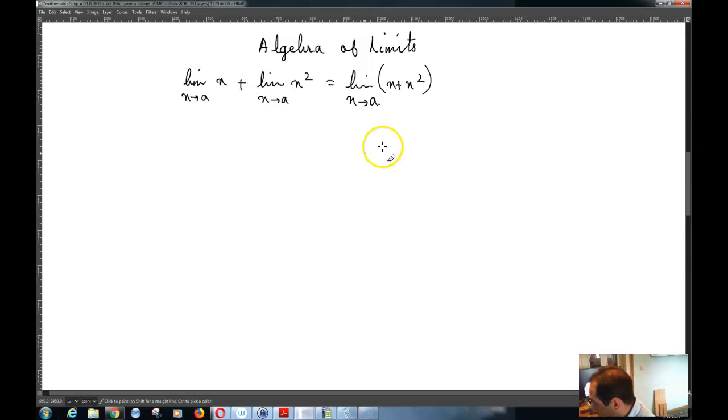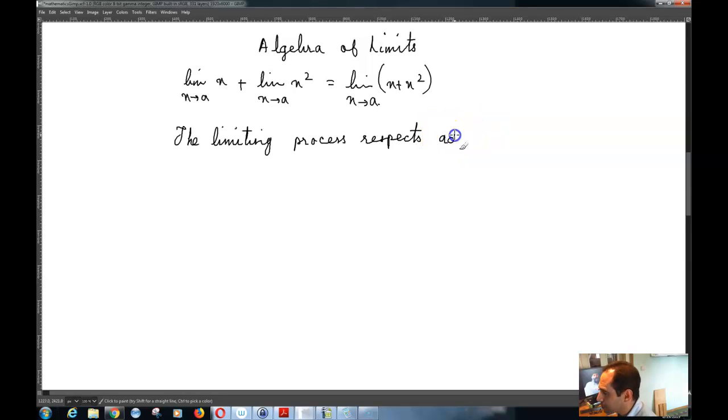So what that means is that we can say that the limiting process respects addition, subtraction, and multiplication, and division.